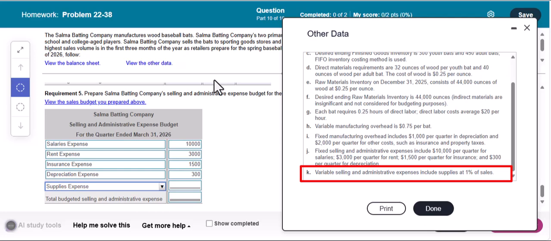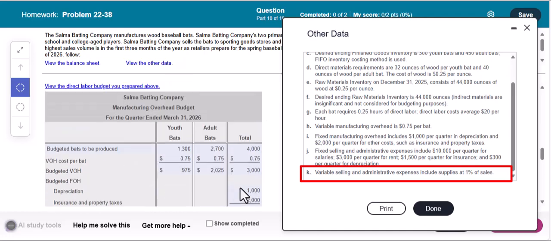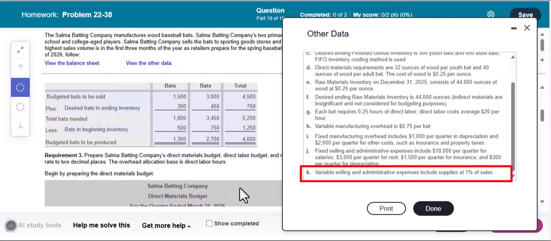Under K, we have variable selling and administrative expenses include supplies at 1% of sales. What that means is with the supplies expense, the more we sell, the higher the expense. So let's go see what our total sales on the sales budget is. All the way back to the tippy top, our first one here.